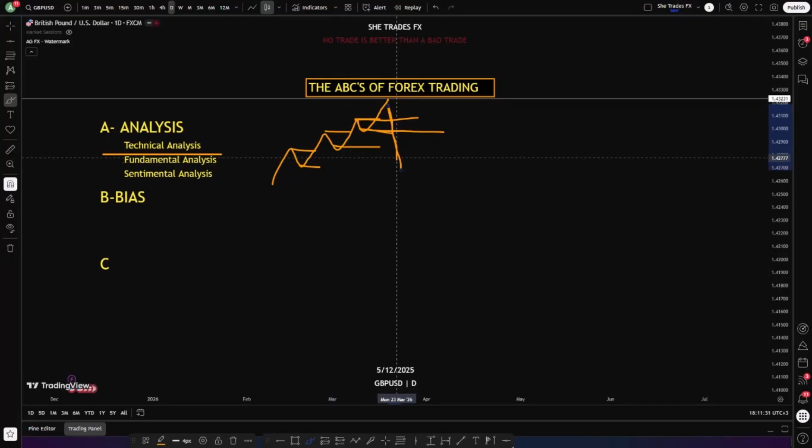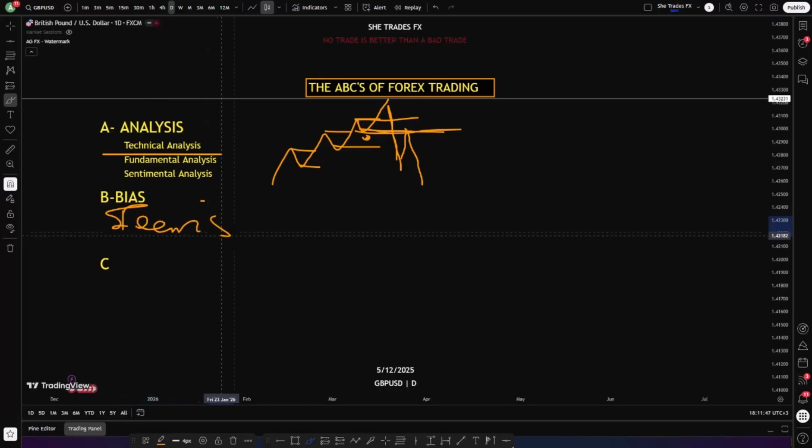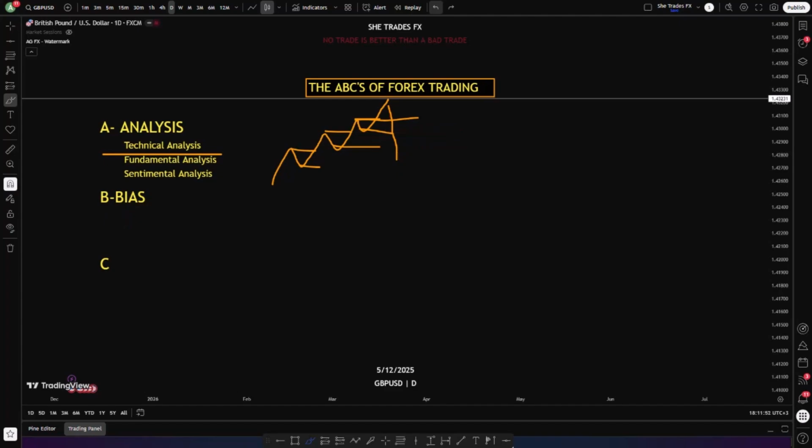Then your bias shifts. Price has broken its previous swing low. So we can expect it to retest that swing low area before going down. So your bias changes to bearish. So you can get your bias through your analysis.